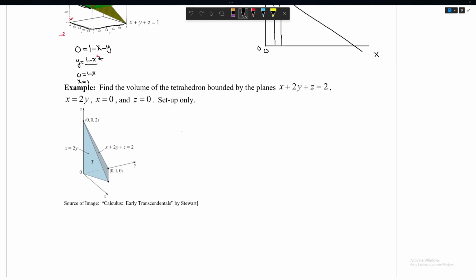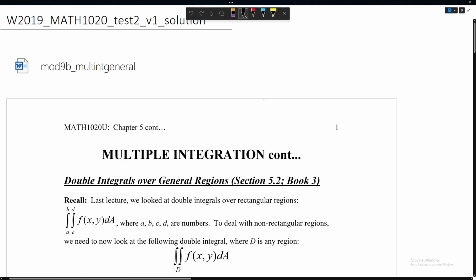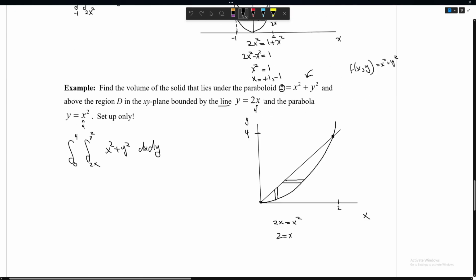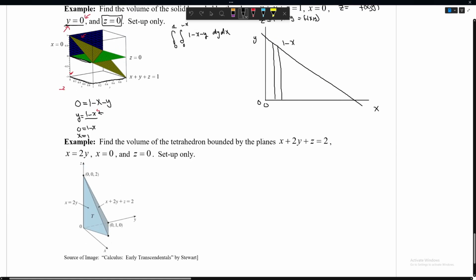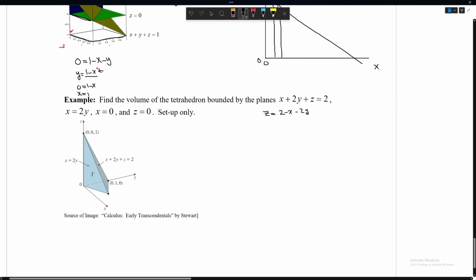All right, so now trying to solve for this, first things first, same thing. I'm going to try to fly through this. Oh, what happened? So much for flying through it. Okay, I solve for z, so I'll get 2 minus x minus 2y. Using this graph, we're looking at it from the top.